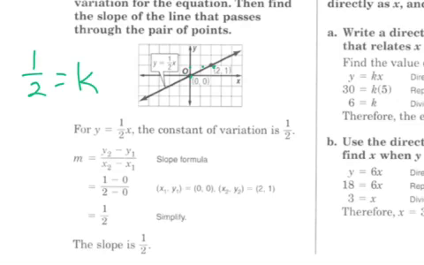And for the purposes of this page at least, k is equal to m, which represents slope. So the slope of the line, in this example, is 1/2. M is 1/2. We can figure that out easily on a graph.